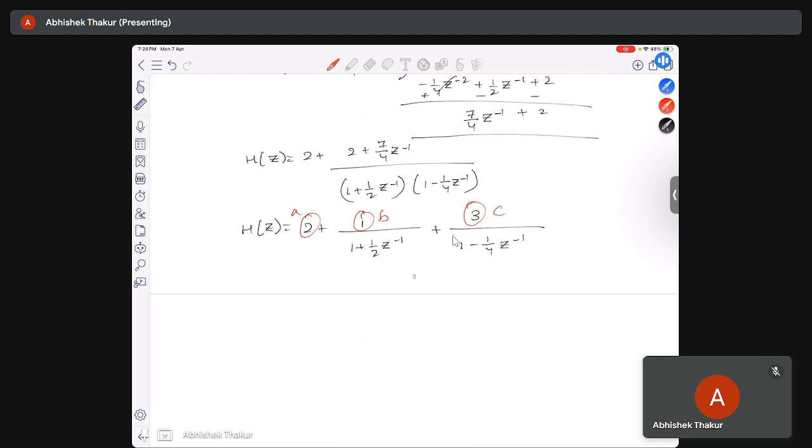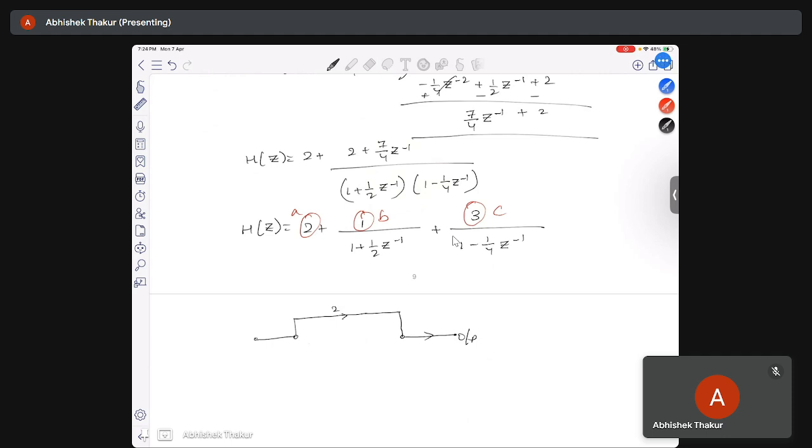So we can now draw the structure, like the parallel network. So the parallel network will be like this. So input is given. Now the first is the 2, and that is coming as the output.